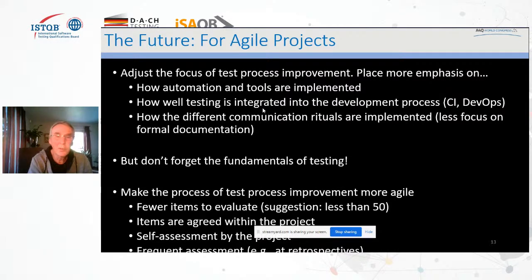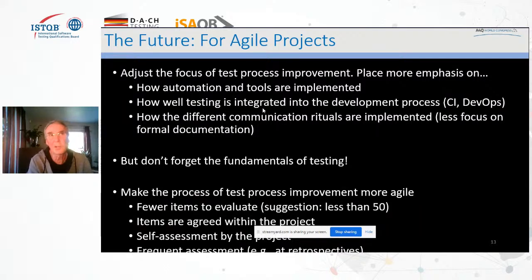So what would you do as well that would be different for test process improvement in agile? Yeah, less items, but those items are not given to you by some model. They're agreed within the project. Okay, so I agree with you, you might be saying, where are you going to get the ideas?